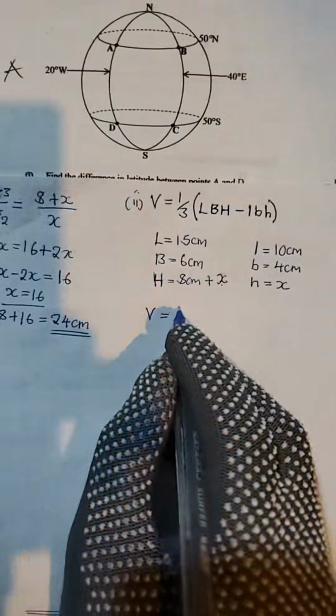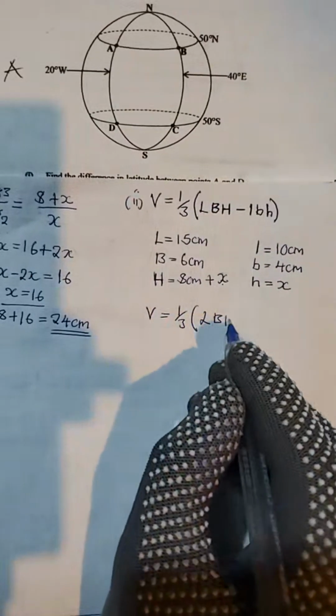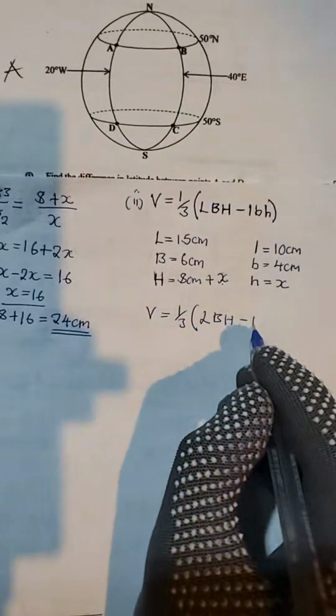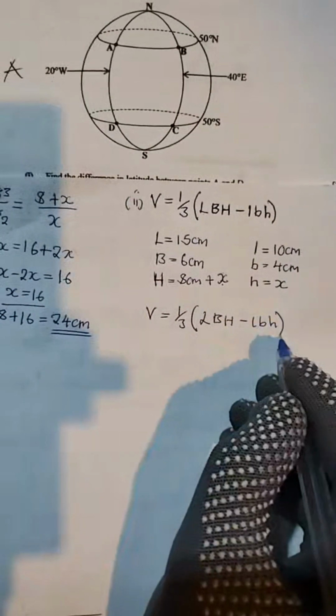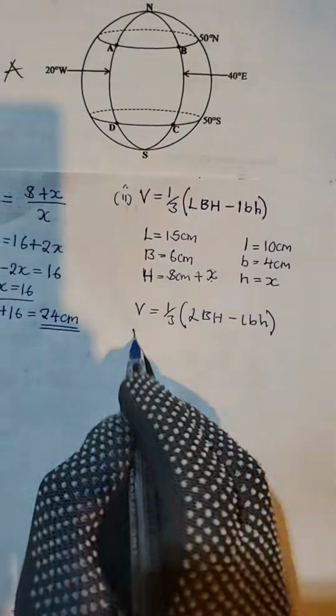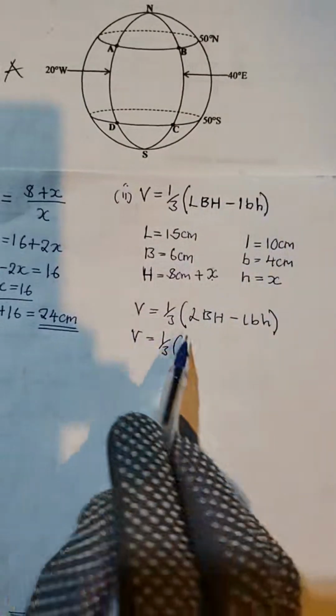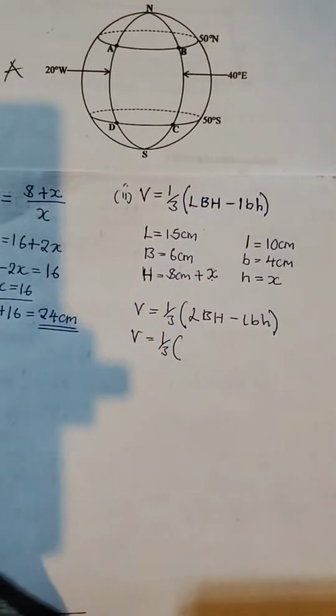So volume is equal to 1/3, open bracket, L times B times H minus LBH of the smaller pyramid. Volume is equal to 1/3, open bracket. What is the length of the larger pyramid?